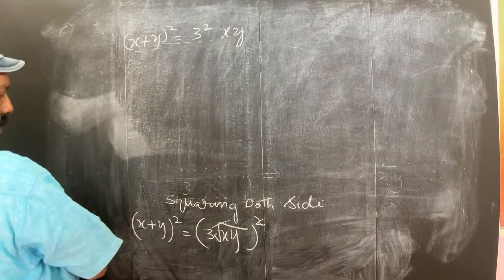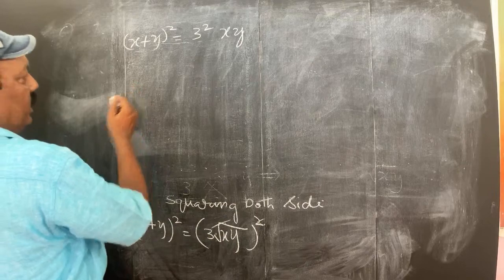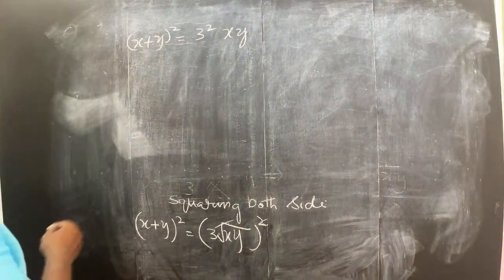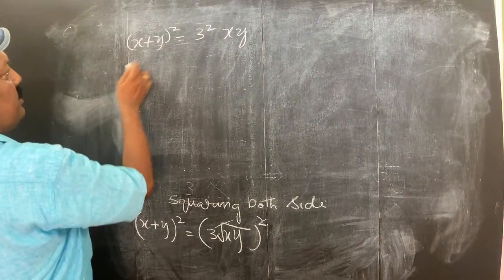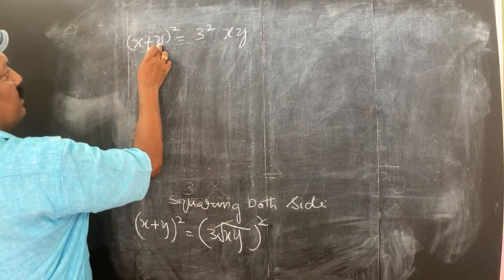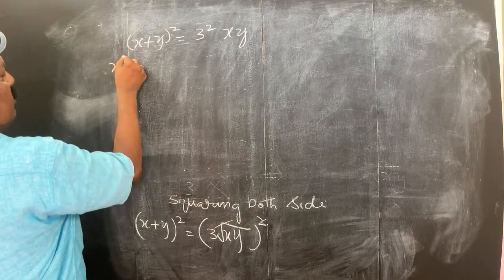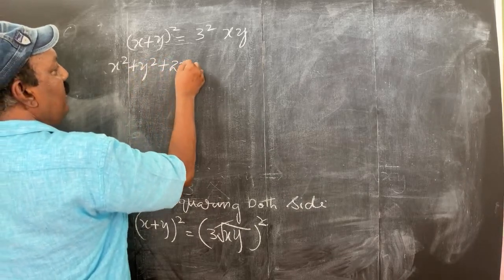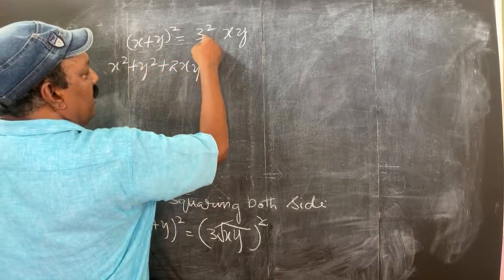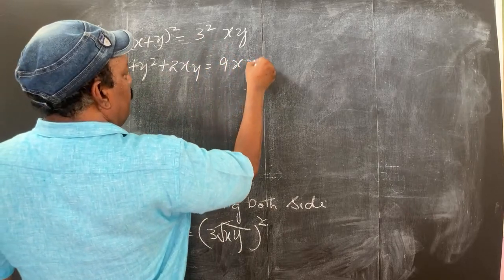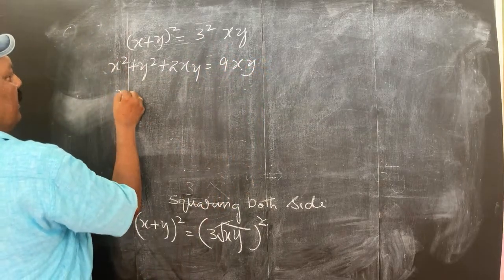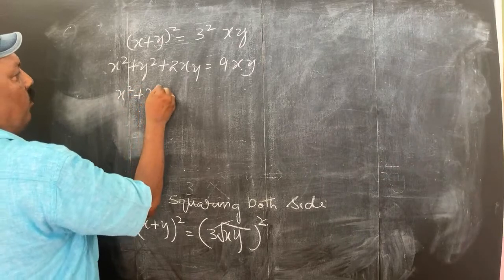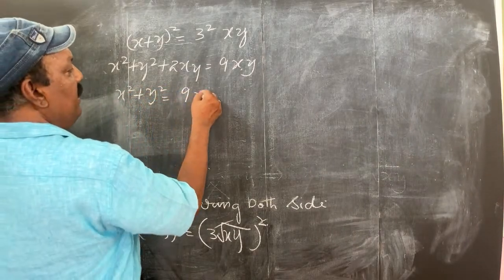Now what are we going to do here? (x plus y) whole square means x square plus y square plus 2xy is equal to 3 square xy, which is 9xy.